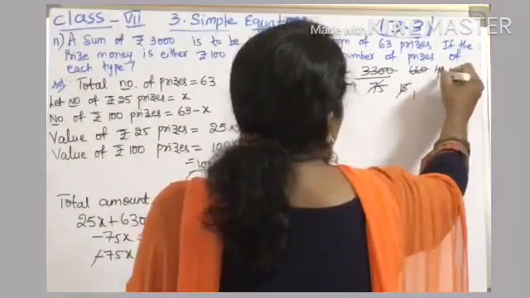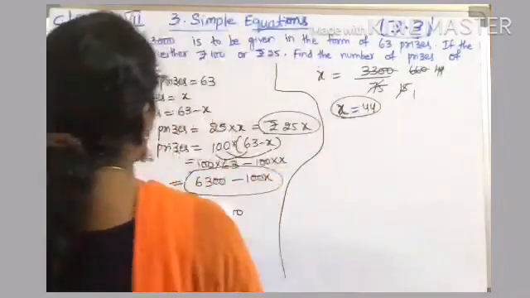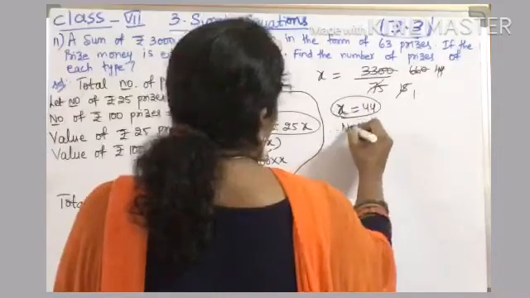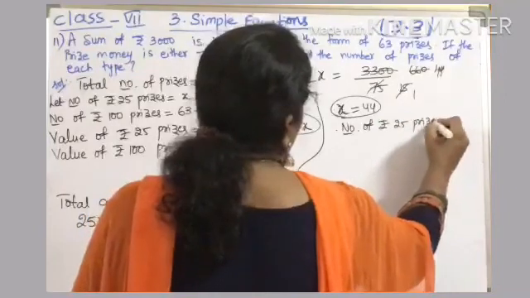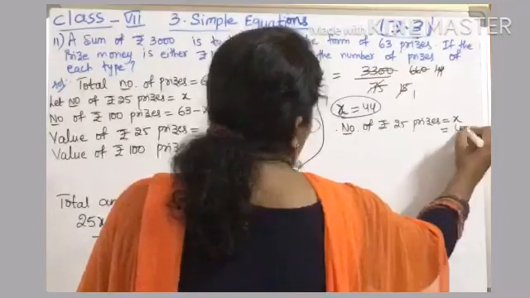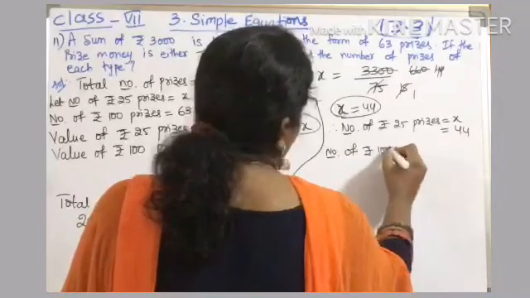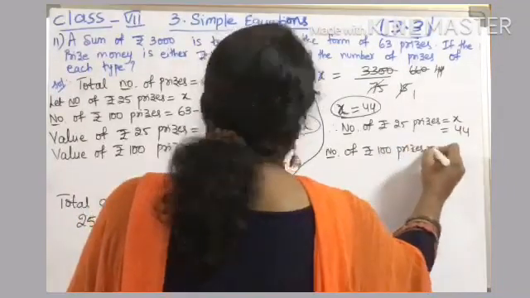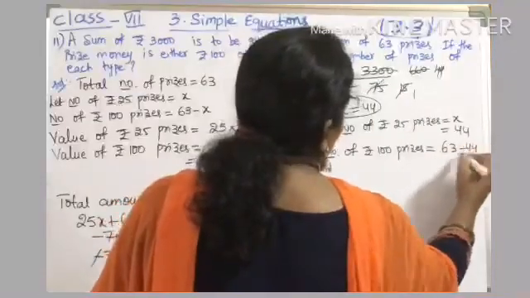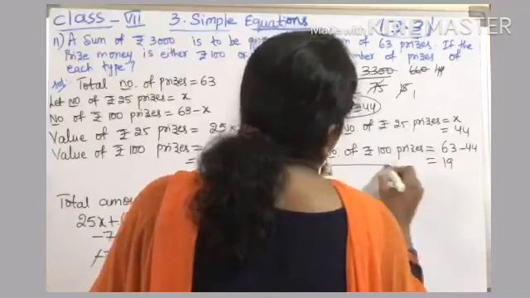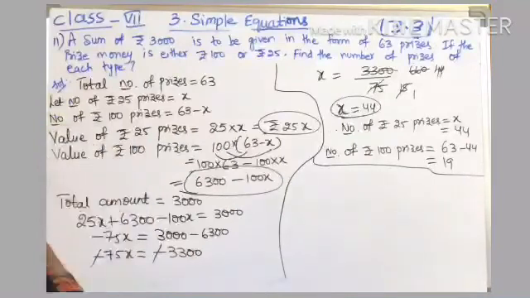So X you got as 44, which means the number of 25 rupees prizes. How many? We took it as X, that is 44, and the number of 100 rupees prizes, how many? Here we took 63 minus X, no? So 63 minus 44, when you do, you will get 19. So the number of 25 rupees prizes will be 44 and the number of 100 rupees prizes will be 19.